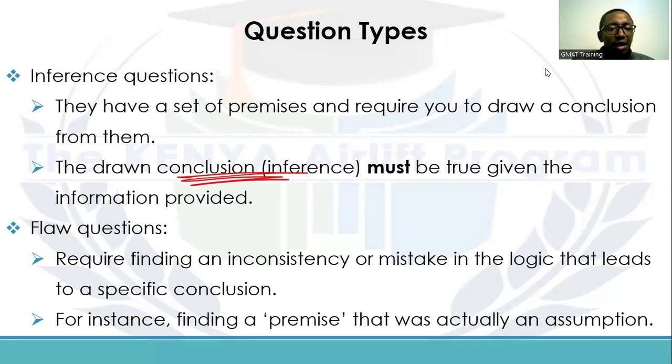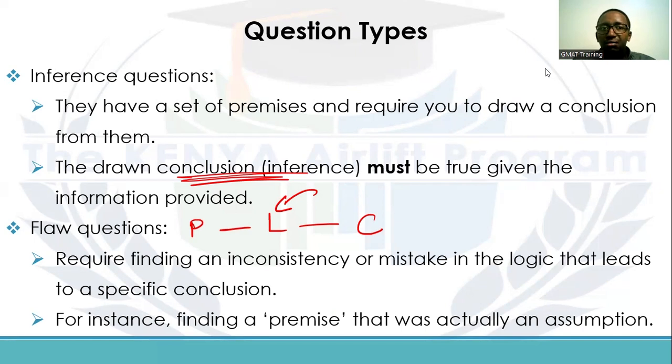When we go to flaw questions, we have our premise, our logic, and our conclusion. But this logic is inferred in a wrong way. So there is a mistake in that type of reasoning.